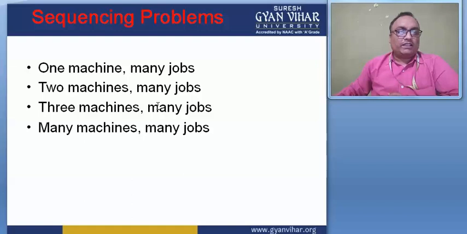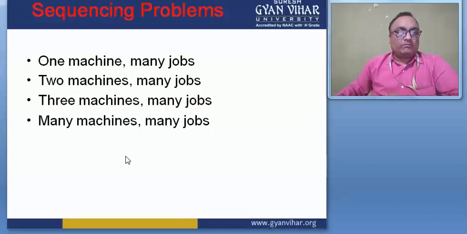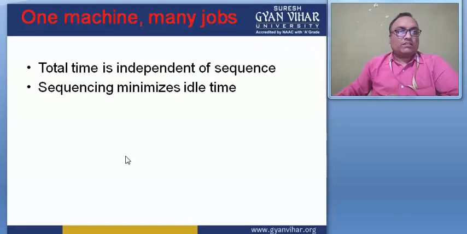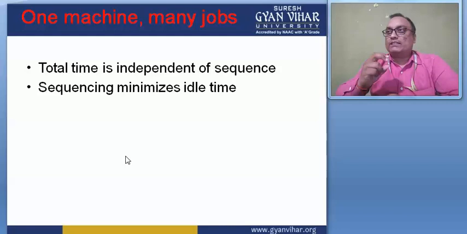Here we solve one problem related to one machine many jobs, where the total time is independent of sequence, and sequencing minimizes idle time. This is the aim of this scheduling process.